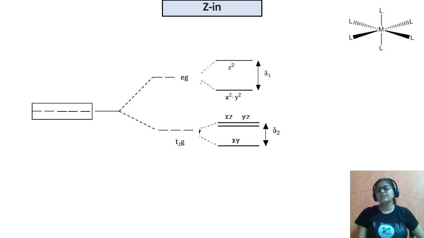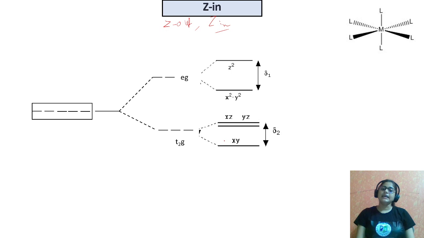So this is just the opposite of Z out. If you can remember how the arrangement of orbitals energy wise is for Z out, you can easily draw it for Z in also.